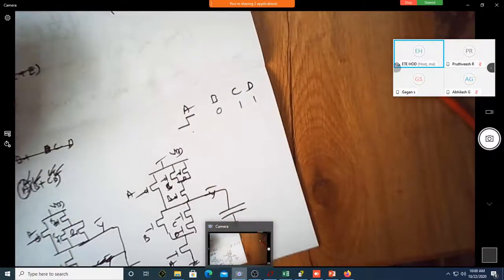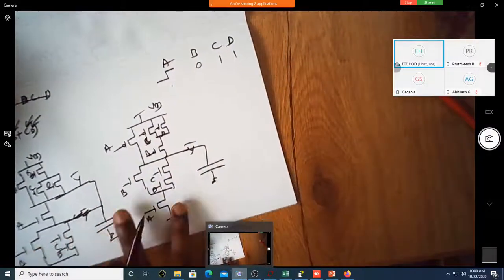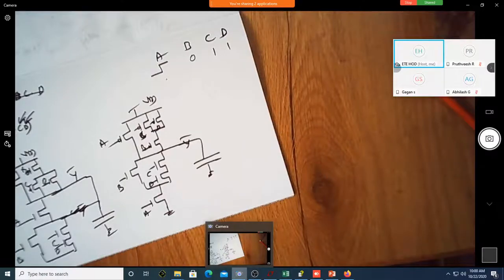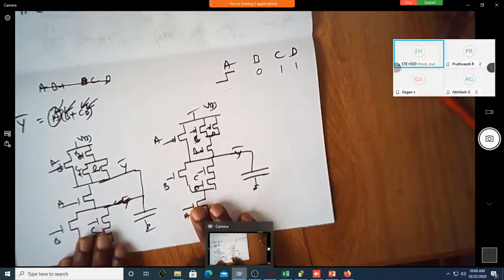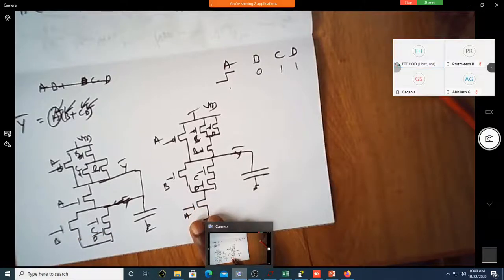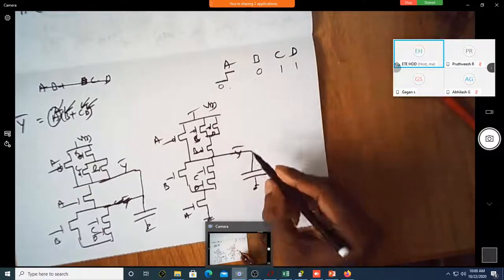If A is placed here, what happens? Let us consider this type of transition for both the logics. Are both the logics the same? These two, correct? Yes, sir. Now what is the output initially before this transition? When A is 0, what is the output?